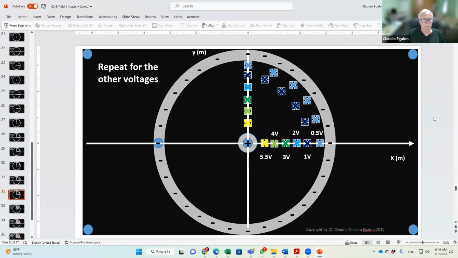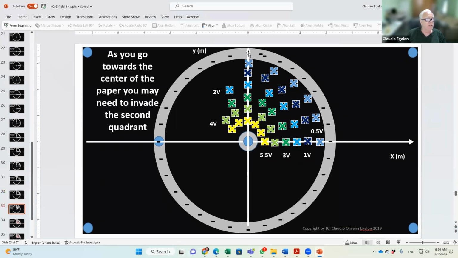So it's going to come to a point that you will have to get points outside this first quadrant. That's why I tell my students, it's not nice to have points very close by each other, because you want to see the general way that those equipotential surfaces are distributed.